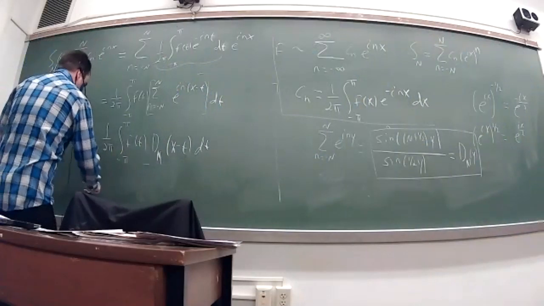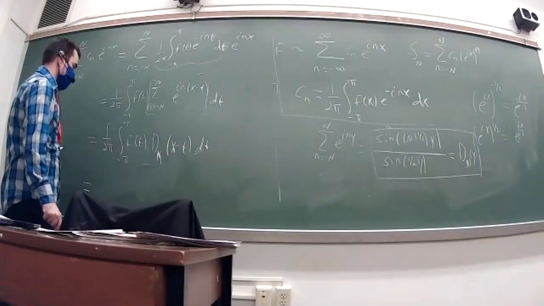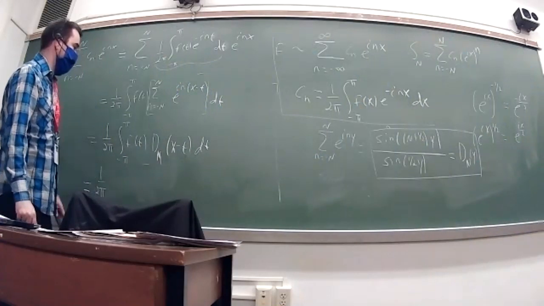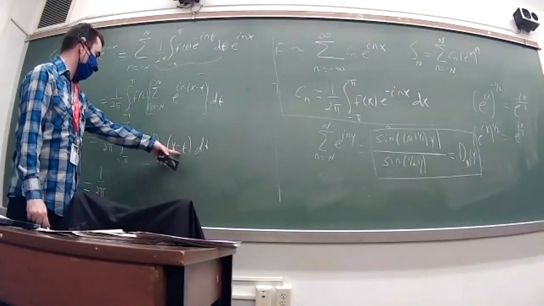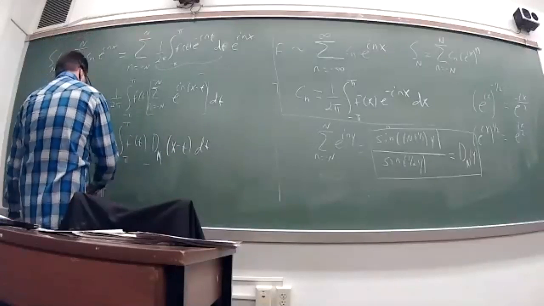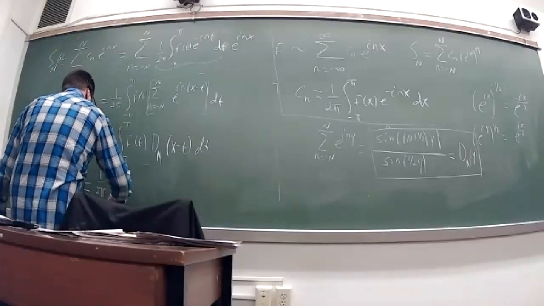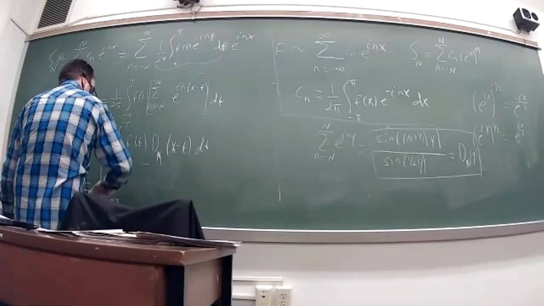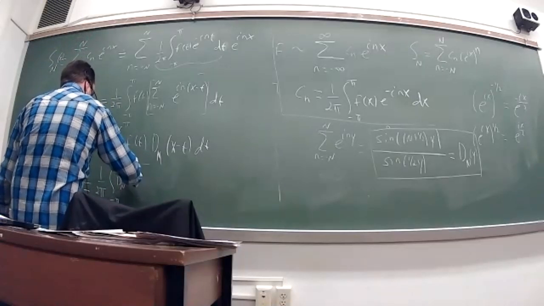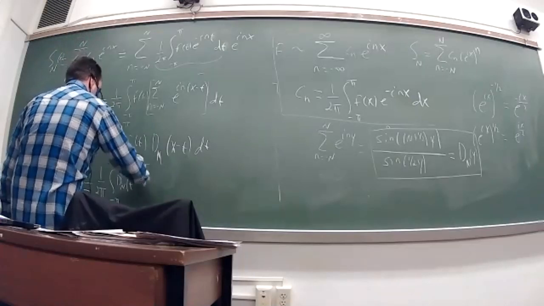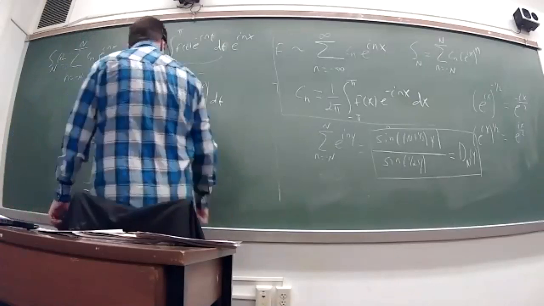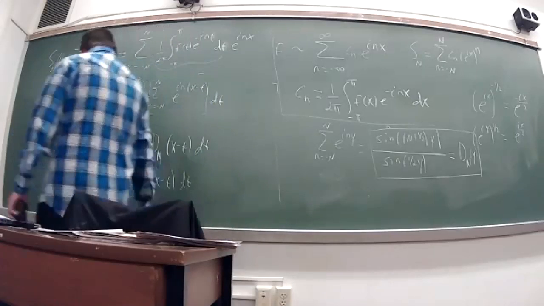And I won't show this. You can do this calculation on your own if you like, but making a substitution, s equals x minus t, using periodicity of f, you can do a little bit of calculus and show that this is the same thing as D_n of t times f of x minus t dt.